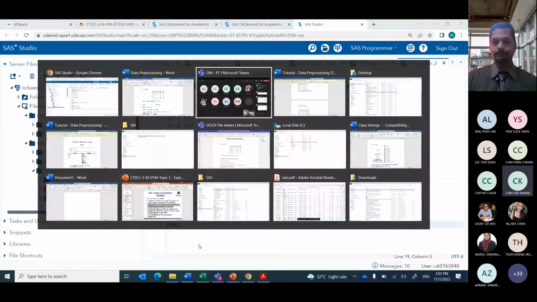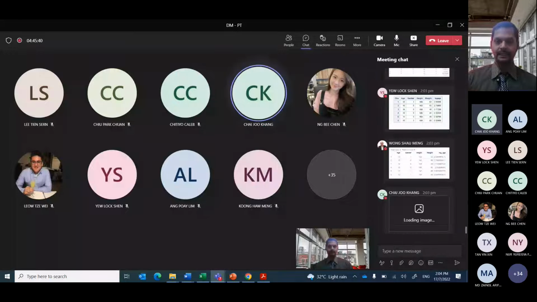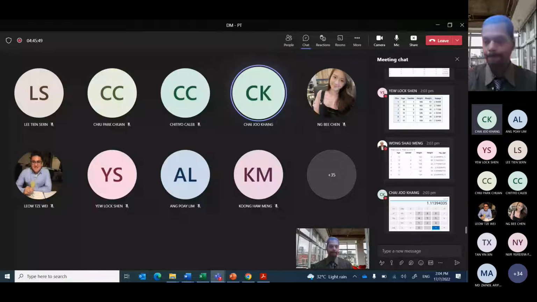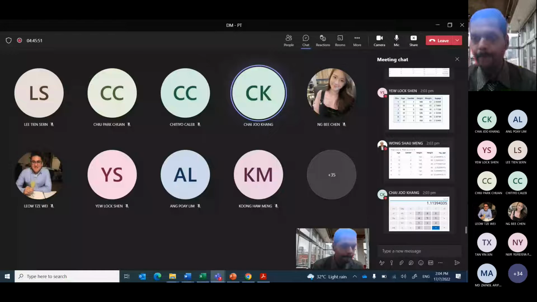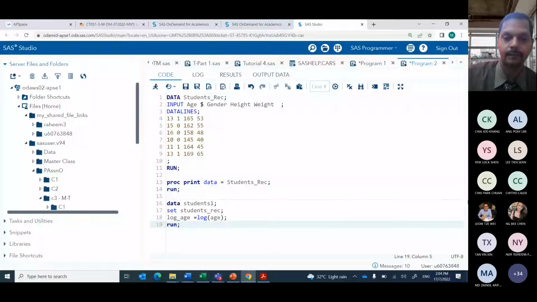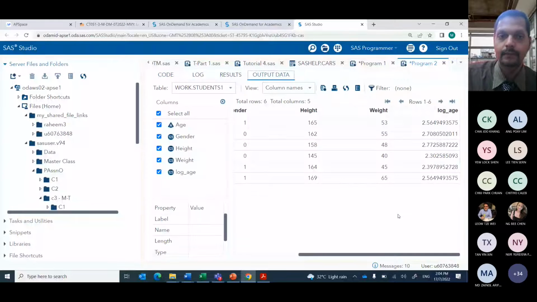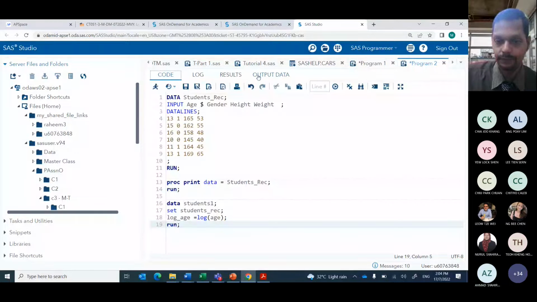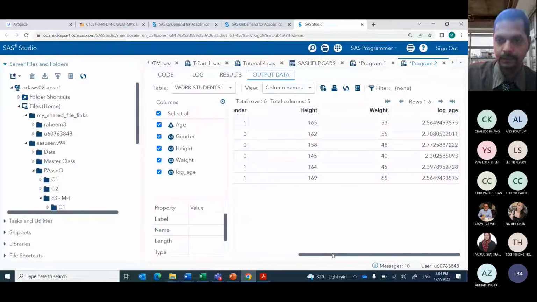Sir, I have a question. For the log that we use, if I use the calculators, it shows 1.113 something, but I get in the SAS 2.5 something. Okay. Log of 13.